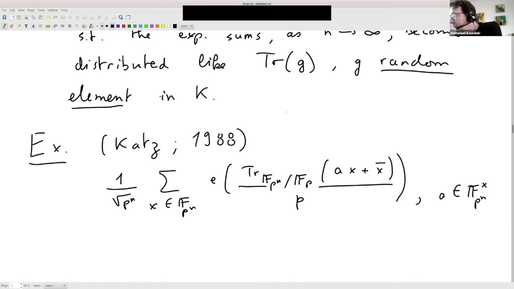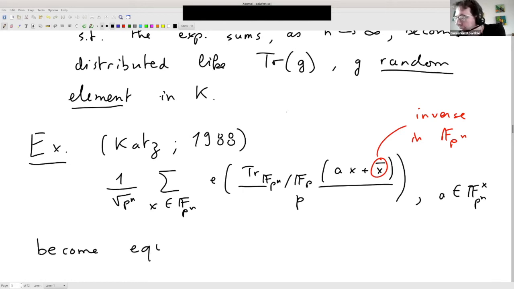So it's the sum of, you have to take the trace from the extension field to F_p to obtain an additive character of F_{p^n}, of ax plus the inverse of x, in F_{p^n}. And in this case, Katz proved that the technical condition is true.